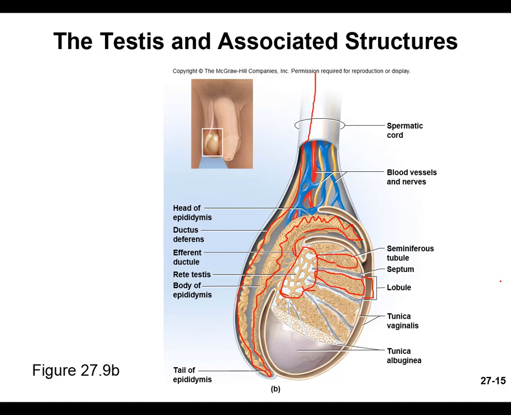So it's matured and it's stored here. Now it can stay fertile for about 40 to 60 days. If there is no ejaculation, then the sperm within the epididymis disintegrate, and the body just reabsorbs the sperm that were not ejaculated. Okay. So that's the pathway when we're looking at the testes.